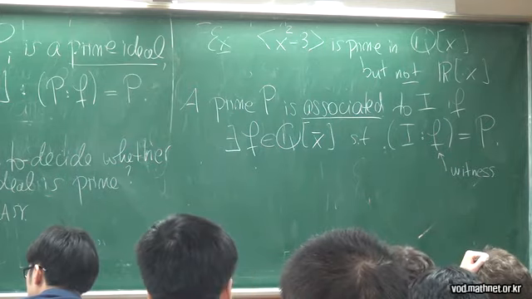So we're looking for an F such that I colon F is AB.